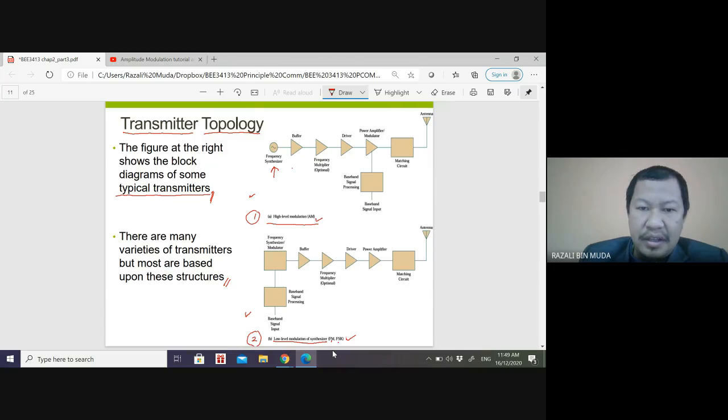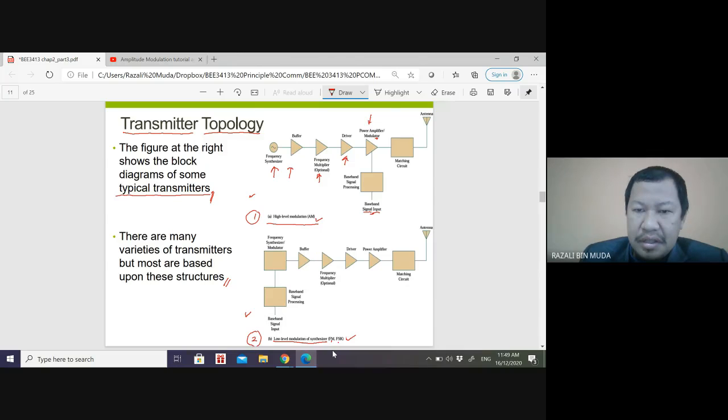Next is the buffer, next is the frequency multiplier, and then you have the driver, then you have the power amplifier or modulator, and this is the modulator, right? And then you have the baseband signal input.